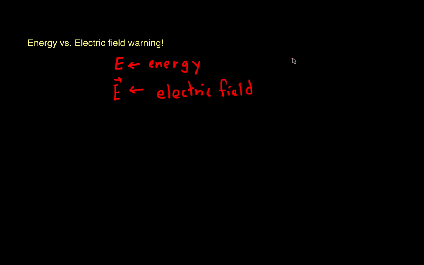This is similar to us running into trouble when we have V as in voltage and small letter v as in speed or velocity. So watch your symbols and notation because it's going to matter in the future.